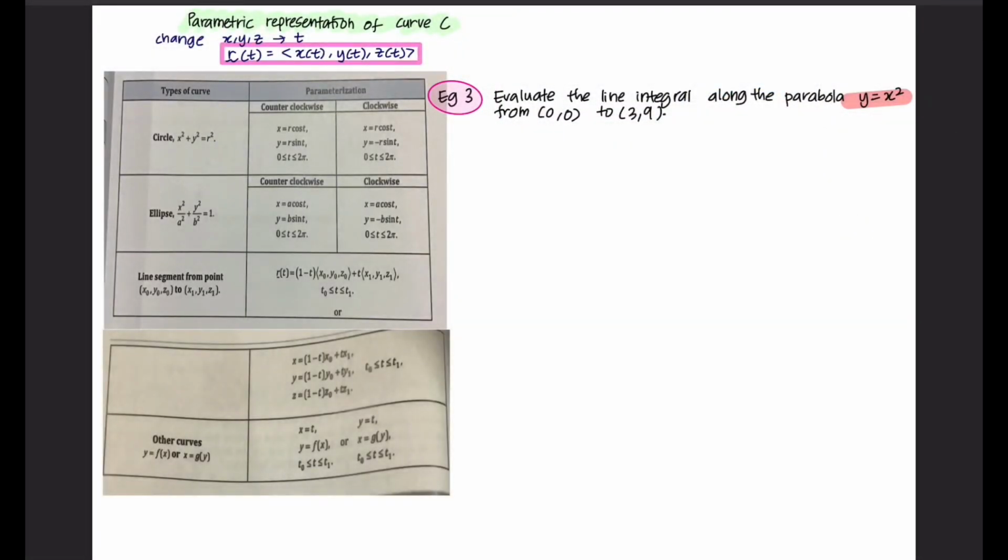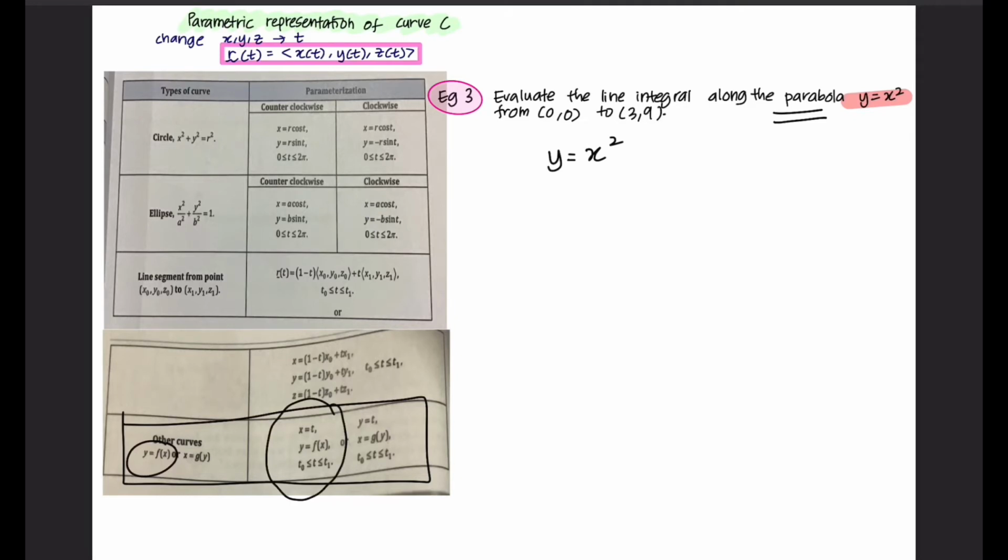For example 3, evaluate the line integral along the parabola y equals x square. When you see the table, you can use the last row, y equals f(x), so y equals x square. So the parameterization is x equals t.